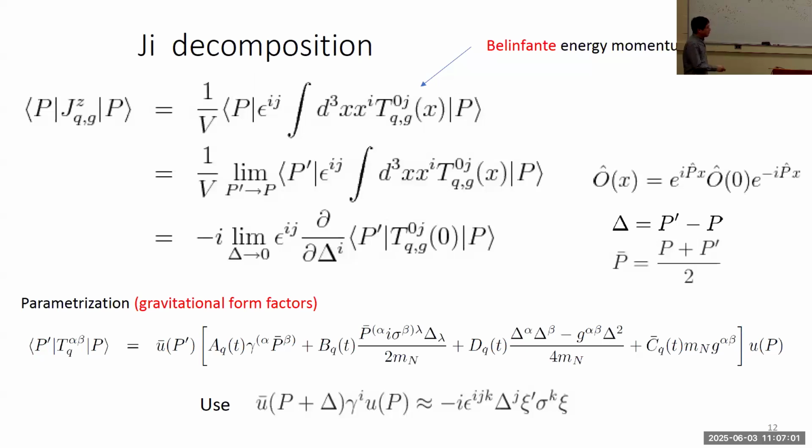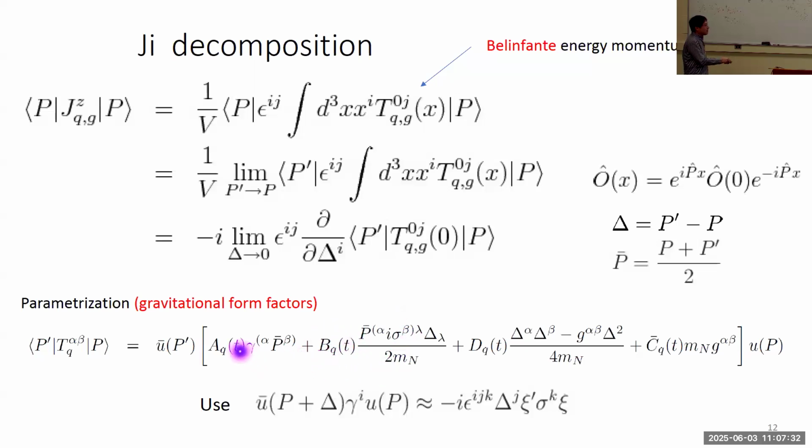And so you see, for example, this term is quadratic in delta, so this term doesn't contribute because you take only one derivative and set delta equal to 0. And then this term doesn't contribute because you have a g alpha beta, but I'm looking at this off-diagonal component, so this term doesn't contribute. But this B term contributes because there is one factor of delta here, so this term survives.